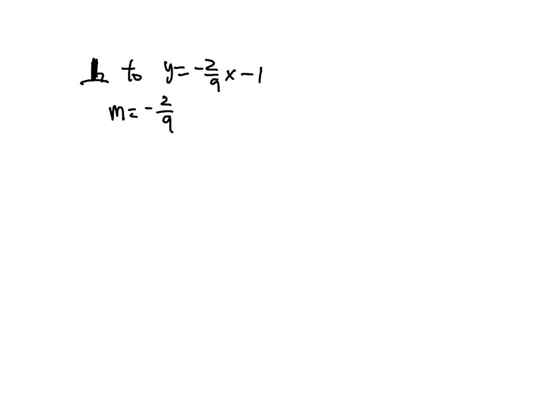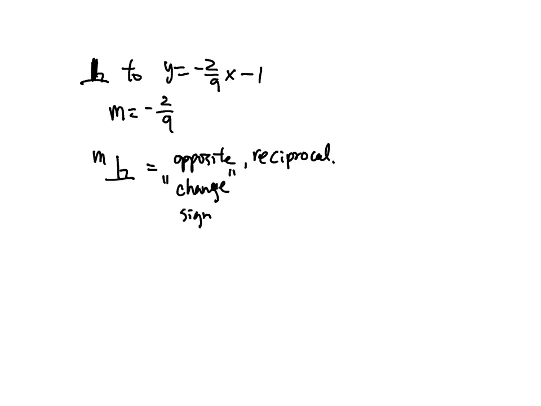But in order for slope to be perpendicular, remember that's when we have to do the opposite reciprocal, which means you change sign and flip fraction.